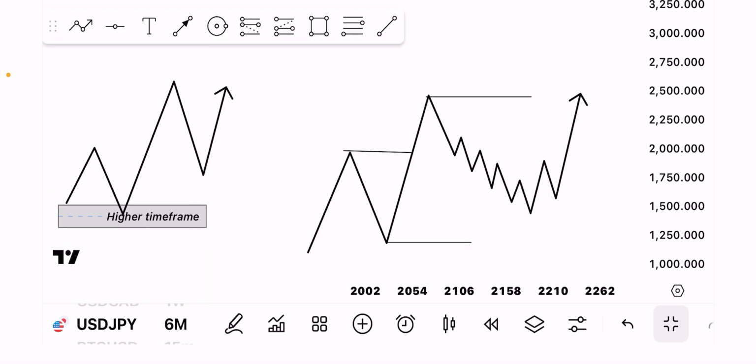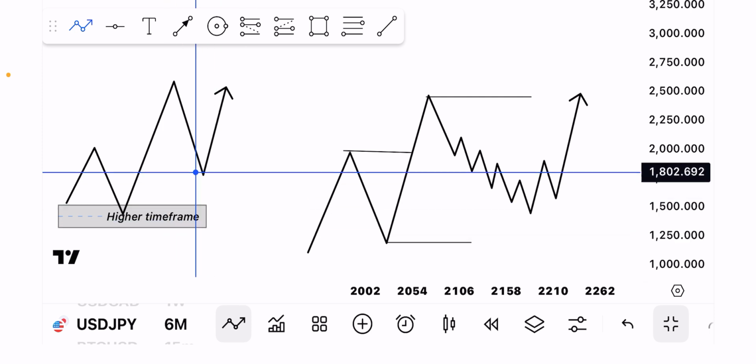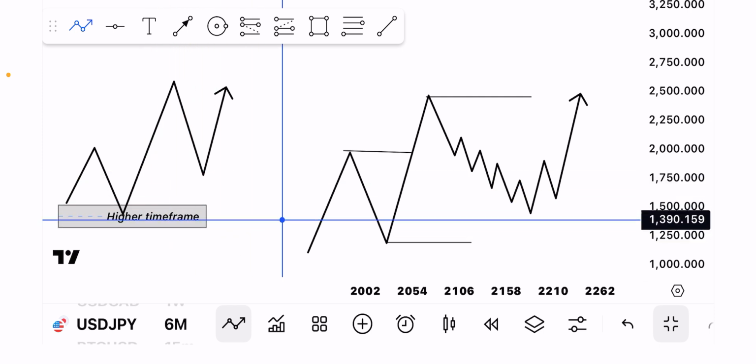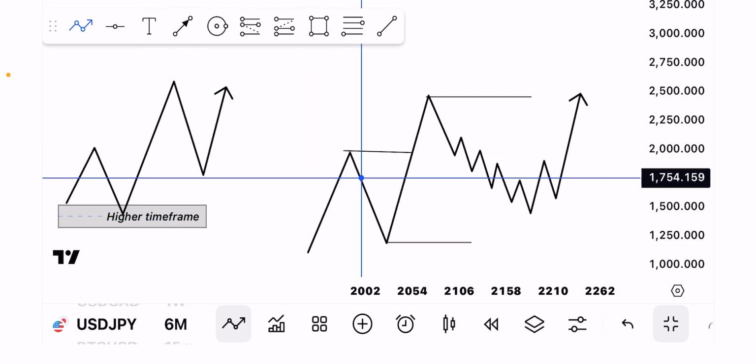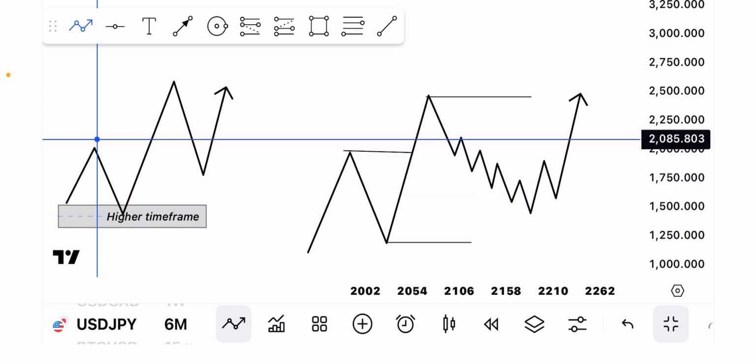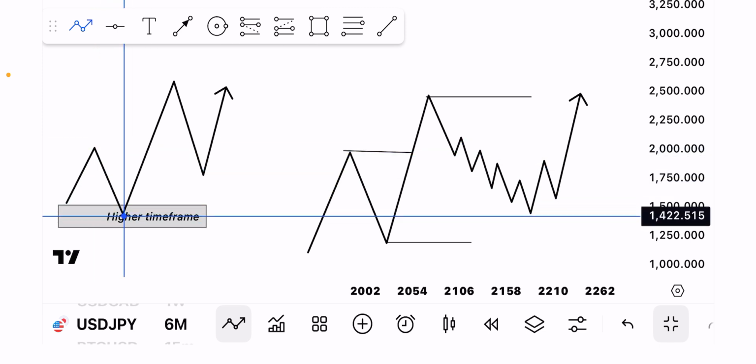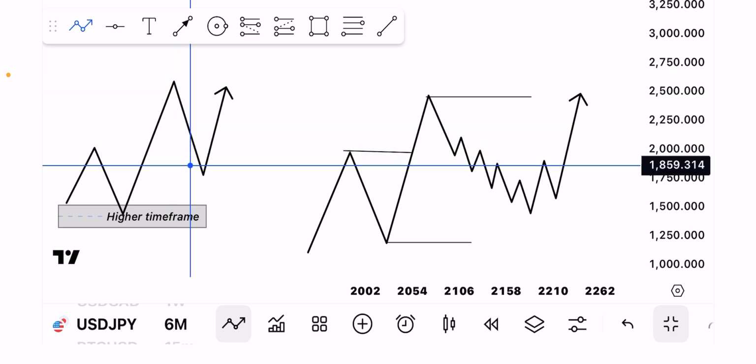So that being known, the market is creating a higher low, higher high, higher low.